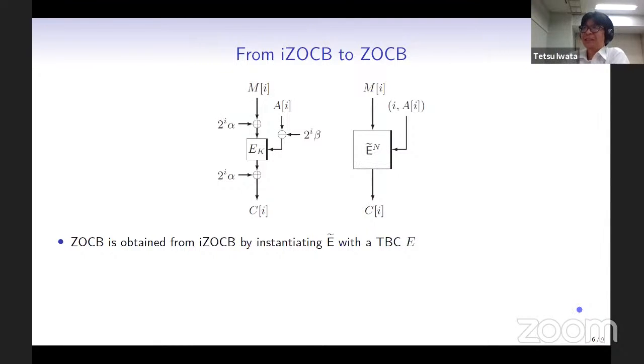So there you add 2i alpha to AK, but inside AK, there's also maybe already something added, right? Or am I wrong? No. In this case, this is a primitive. This is like Skinny or some primitive. So we don't further instantiate this one.